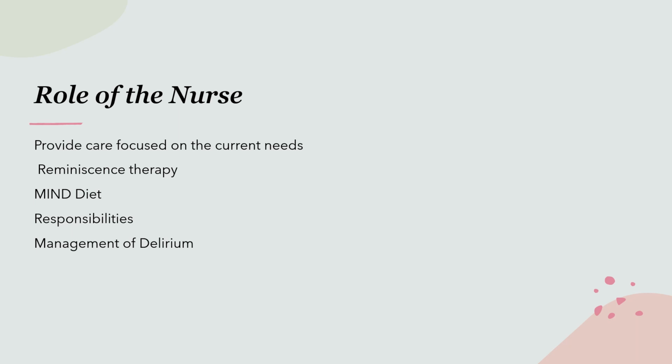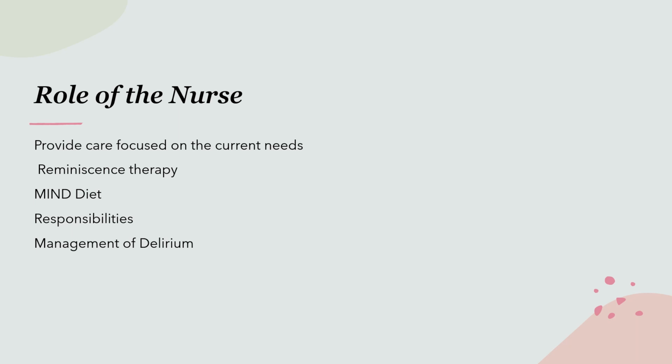This is where we can make scrapbooks, legacy books, record important events, a visual aid to help them remember when their mind can't help them anymore. This therapy will help improve self-esteem, and clients will be able to see what they have accomplished during their lives. So this is very helpful.